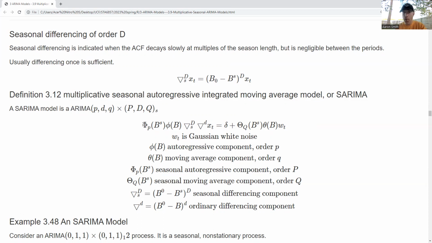I already talked about this a moment ago, but I'll repeat it to make sure we get it. Here's my seasonal autoregressive. Here is my seasonal moving average. Here is my ordinary autoregressive. Here's my ordinary moving average. Here is seasonal differencing. Here is ordinary differencing.